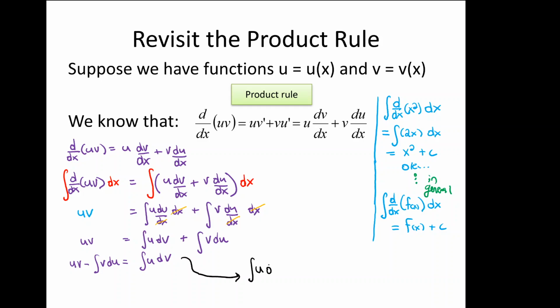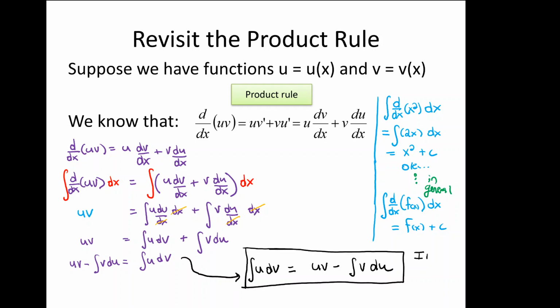So the thing on the right there, I'm going to put on the left-hand side: integral of u dv is equal to uv minus integral of v du. Okay, and it's a special formula. That's the IBP formula.